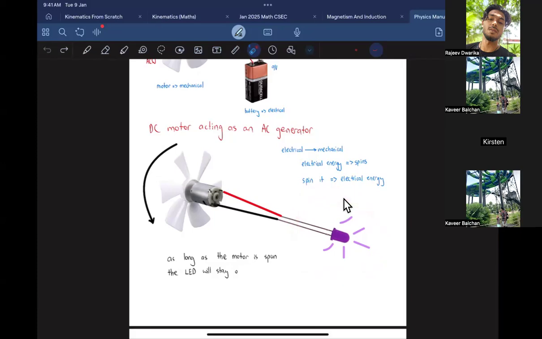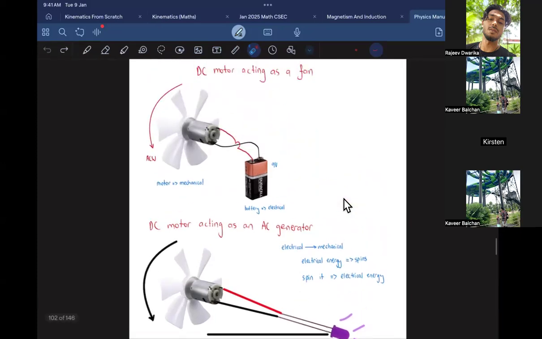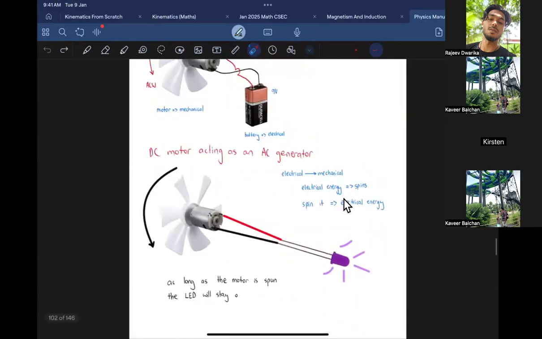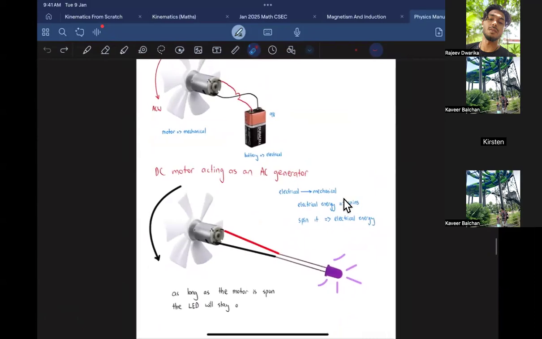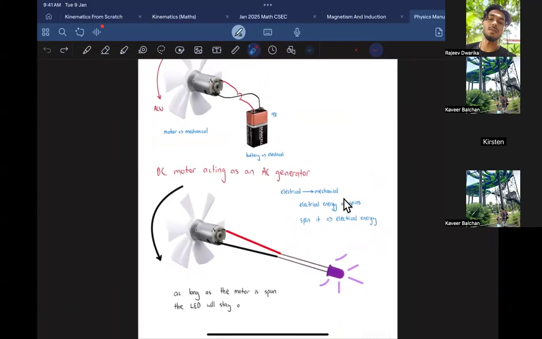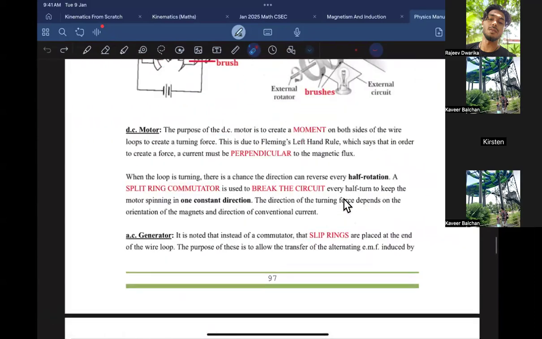Electrical energy. Correct. So you understand the first diagram is electrical to mechanical, and in the second one it's mechanical to electrical. Yeah. Okay, cool. And you would have had this copy done as well, right? Yeah. Cool.